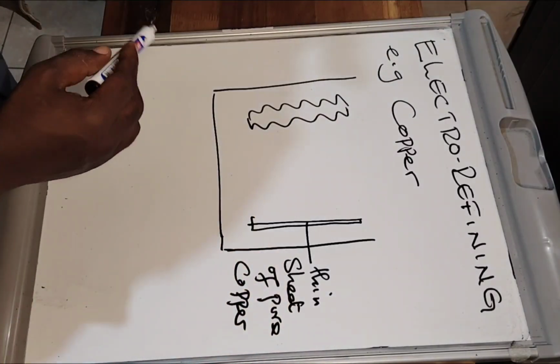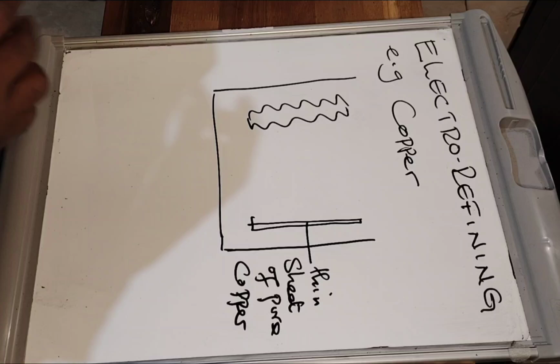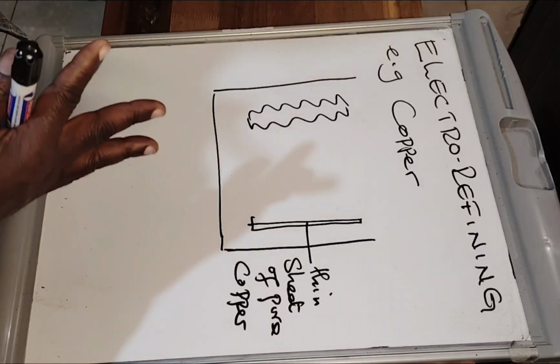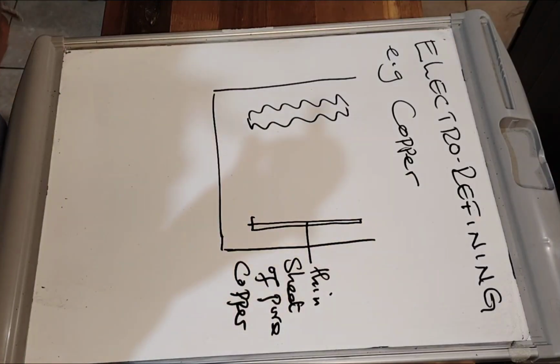Okay, there are reasons as to why we make it thin. Because it's going to become big. So if you put a big one, then it might be too heavy. So we put a thin one because through the process, as you are going to see, it will gain mass. So let us look at the principle.